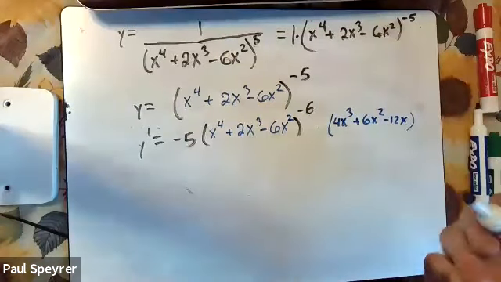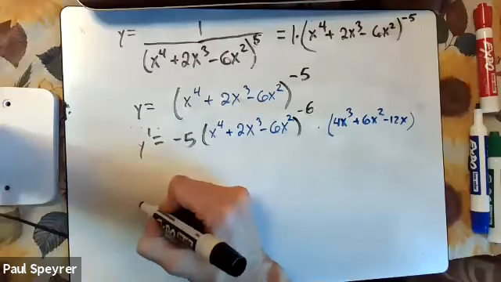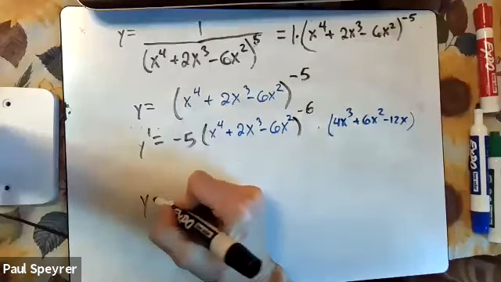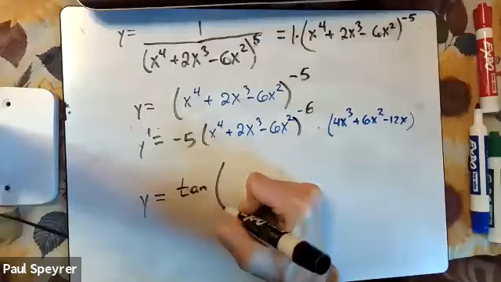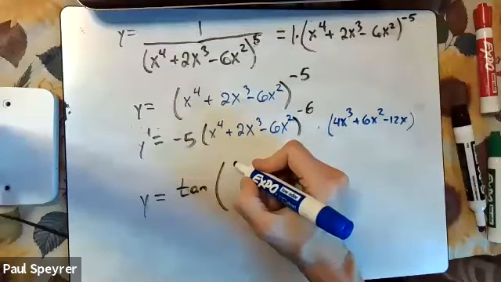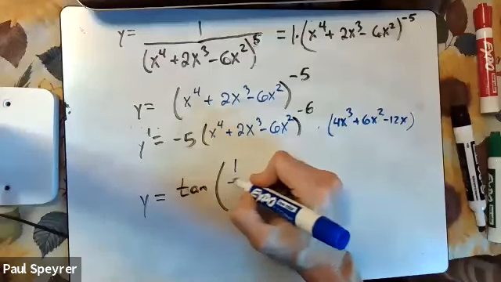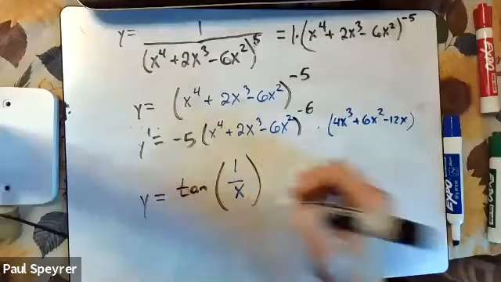Now, what if we had, I will say, y equals tangent of one over x, something like that, right?